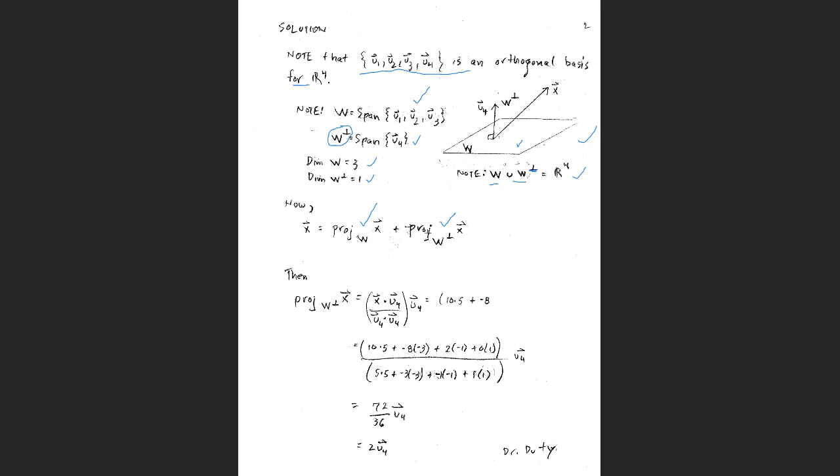I want to write the vector x as the projection of x onto the subspace W, which is the span of U1, U2, and U3, plus the projection of x onto the subspace W perp, which is the span of U4. Okay, that's what we want to do.